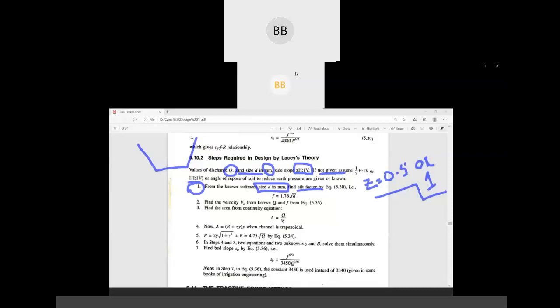D is nothing but the size of bed materials, or you can say size of sand, but it should be in mm. If in the numerical your bed size is given in centimeter, first convert it into mm and then substitute here. This equation is valid when you substitute the d value in mm. So our first step is to find out the silt factor using f is equal to 1.76 root over d.